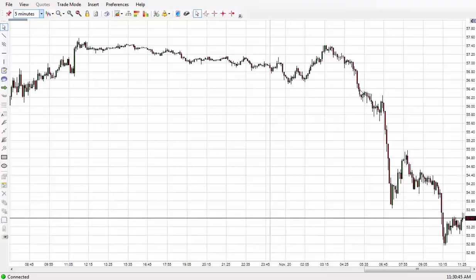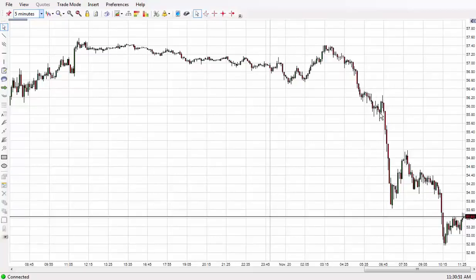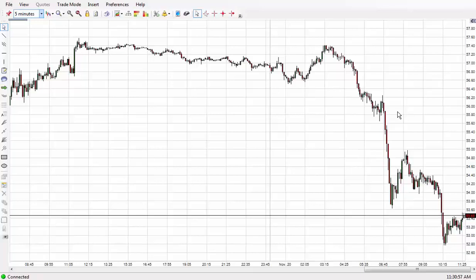Code 2, you would have hit anywhere between 100 and 200 ticks on your trade today, depending upon how many you would have gone for. I personally would have gone for at least 150 and maybe 200.